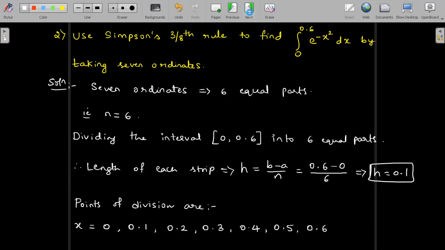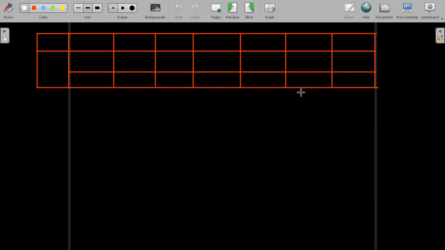So let us frame the table and work out. So here x values are starting from 0. So 0, 0.1, 0.2, 0.3, 0.4, 0.5 and 0.6. And the respective value of y, the function y is defined as e power minus x square.